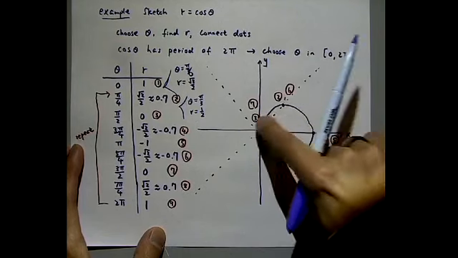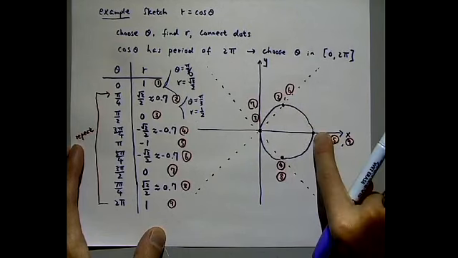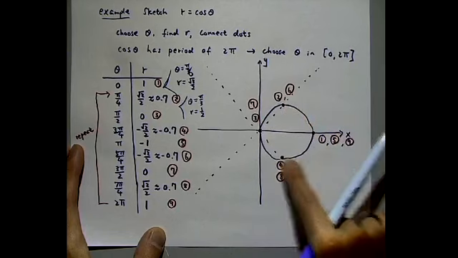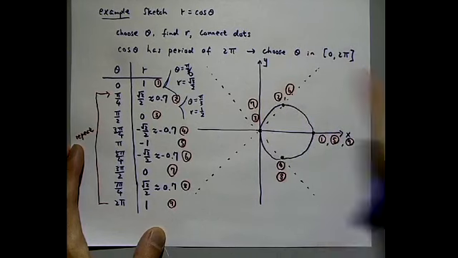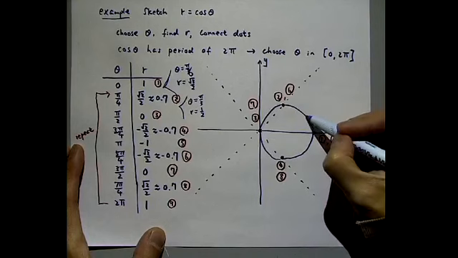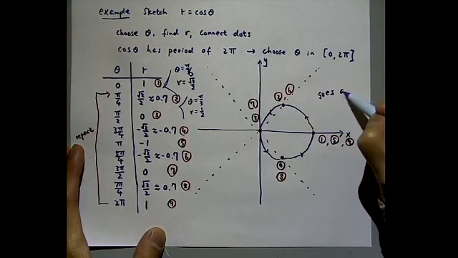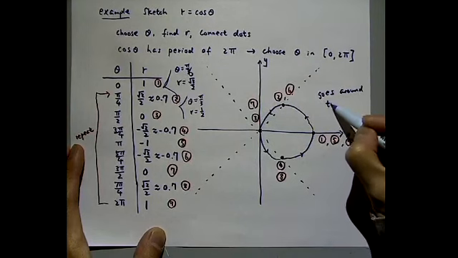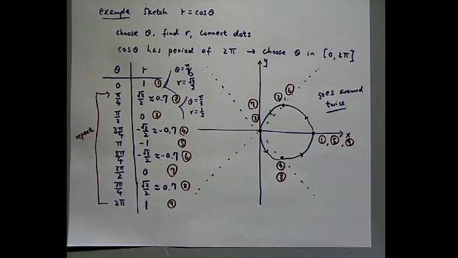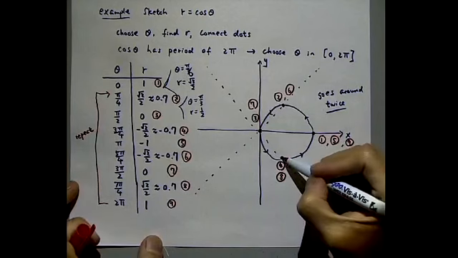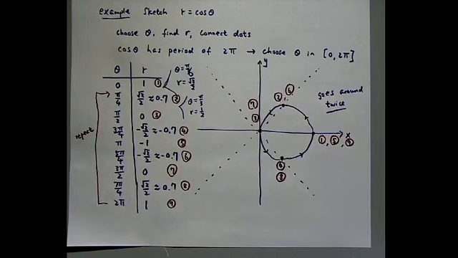So see, 1, 2, 3, 4, 5, 6, 7, 8, 9. Goes around twice. Goes like that, and it's on top of the previous circle-like shape here. Okay? Any question on how we did this?